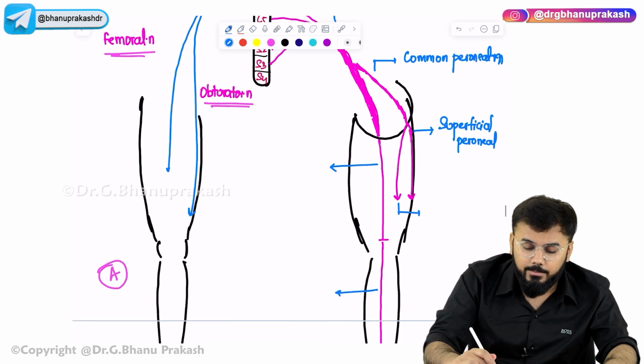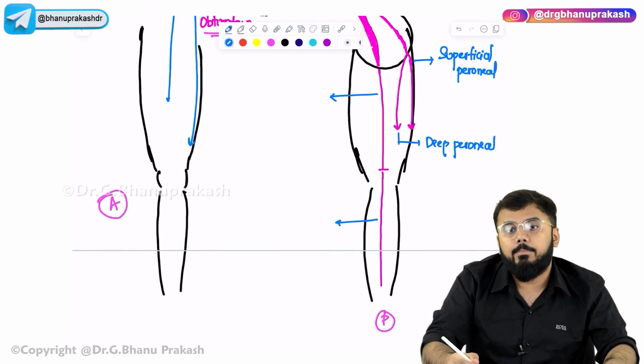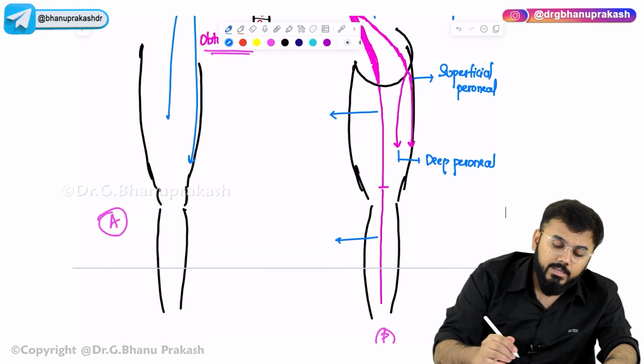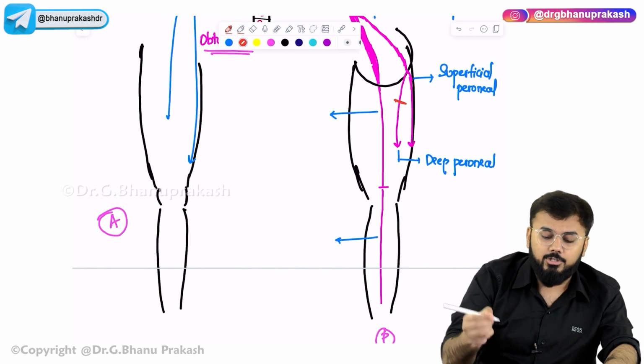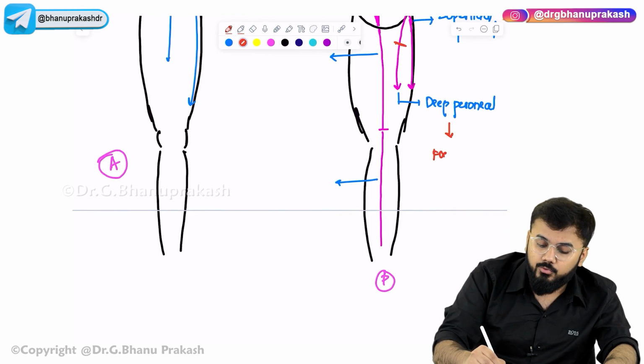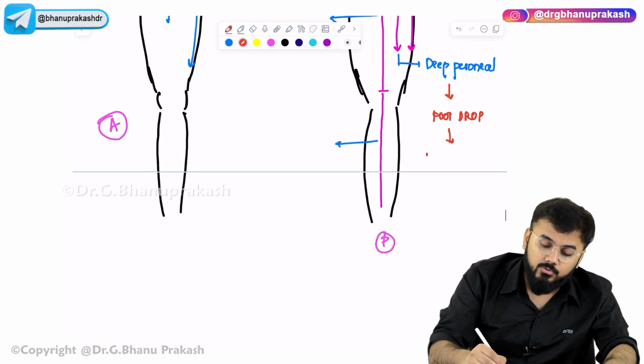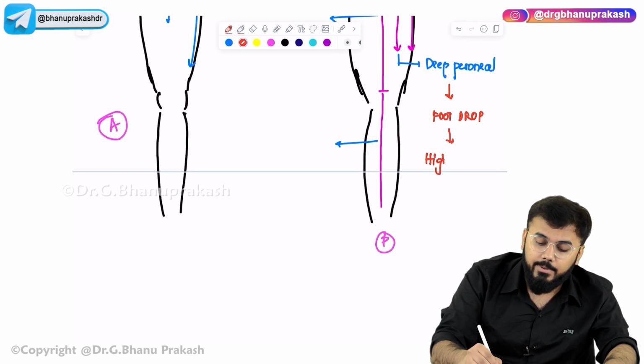One is called the superficial peroneal and the other one is called the deep peroneal. Now, if the deep peroneal nerve is damaged, that leads to foot drop. Whenever a patient has foot drop, this would result in a high steppage gait.